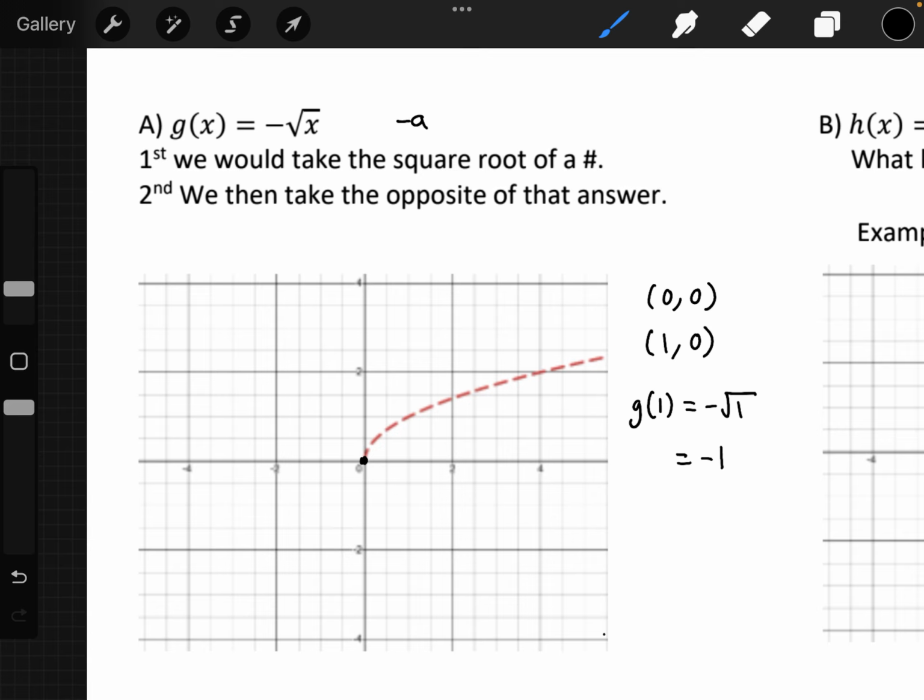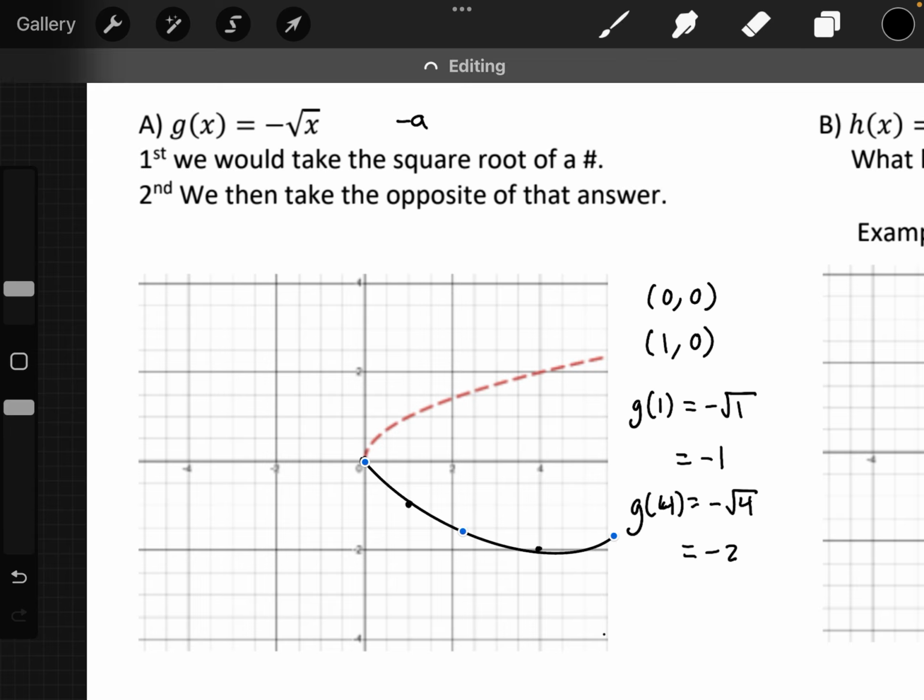The square root of 1 is 1, and we'll move the negative down. So when x equals 1, g of x equals negative 1. Now when x equals 4, g of x is equal to the negative square root of 4. The square root of 4 is 2, and its negative value is here at negative 2.